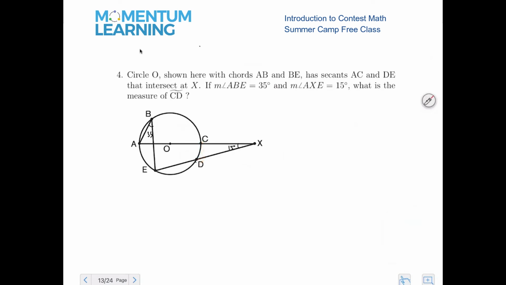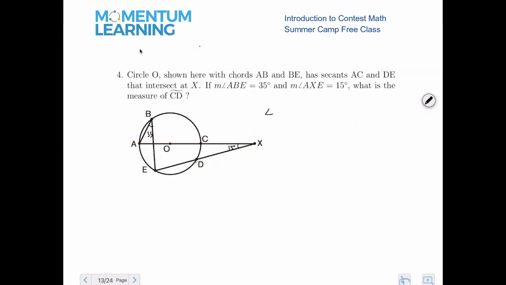Now let's see what else we need to find this degree measure. Notice that these two secants intersect at a point X, so we know the formula for that.